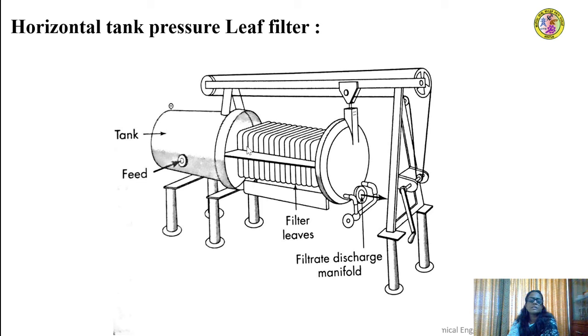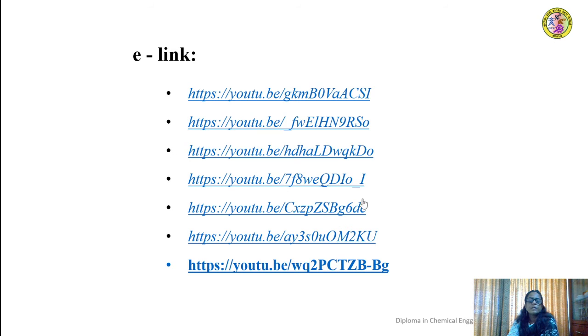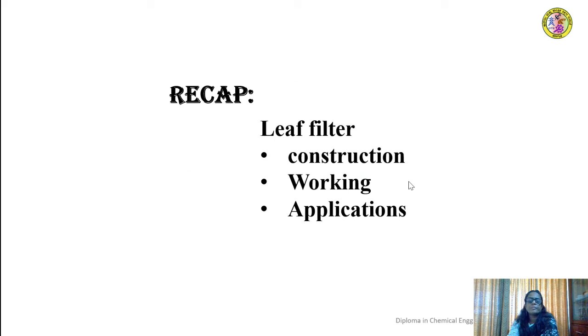During the discharge of cake, it can be pulled outside, and during the filtration cycle, it can be pushed inside and closed from one side till the cake deposits up to a certain thickness. So this is a picture of a real leaf filter that is used in industries, used for continuous operation.